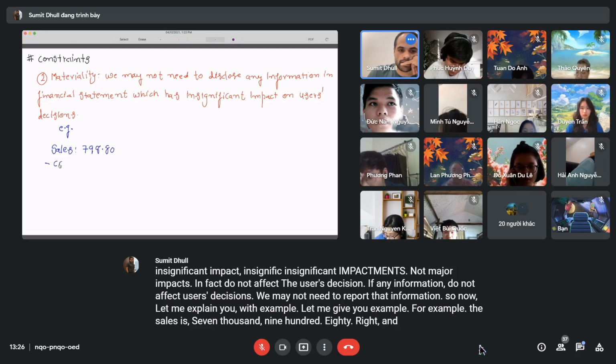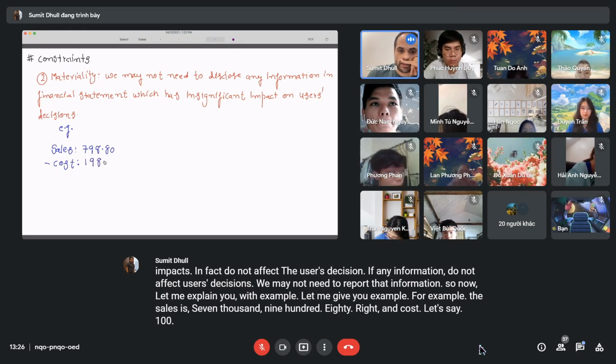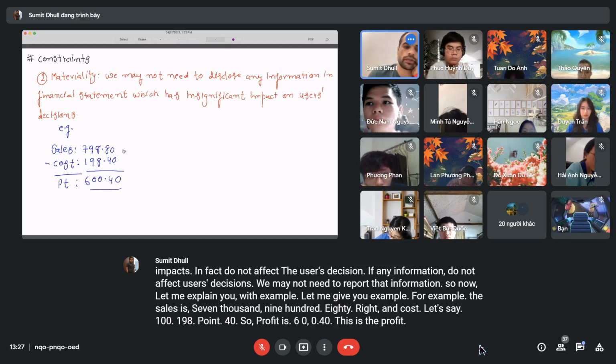And cost, let's say 198.40. So profit is 600.40. This is the profit, right?